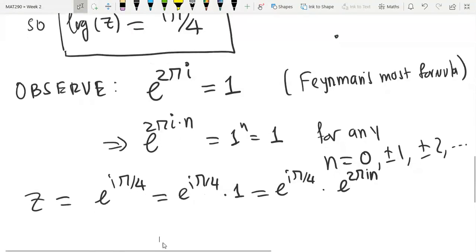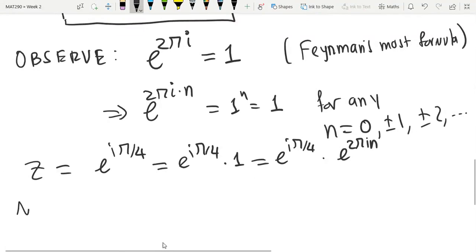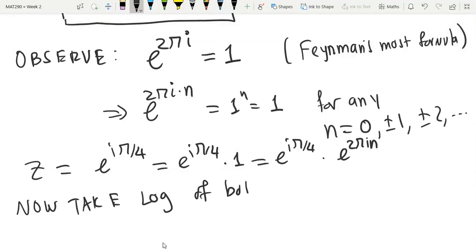Okay. Now take log of both sides. What do you get?